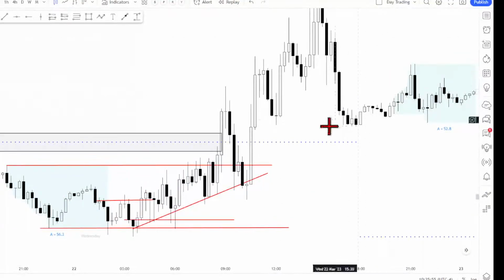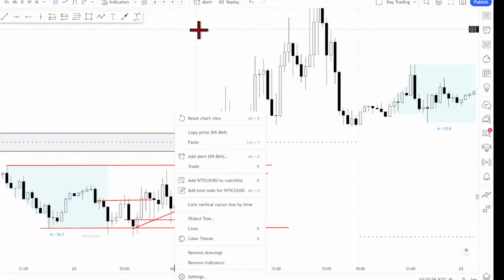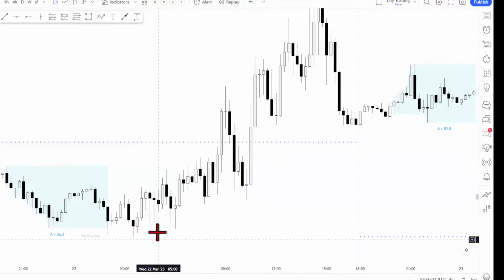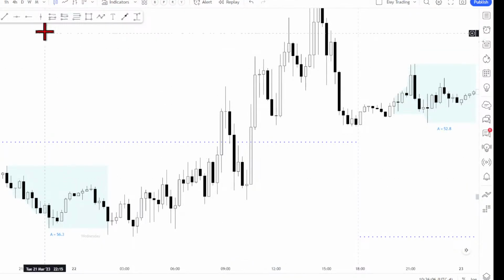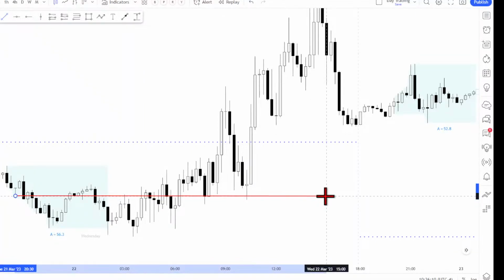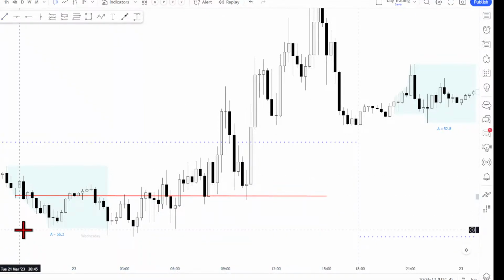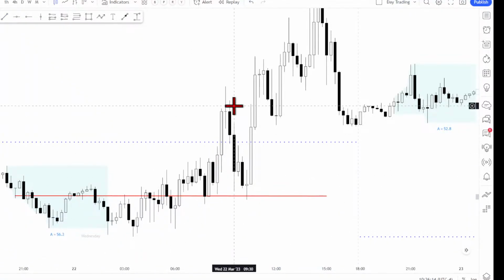And then, of course, it continues. But the idea of the Asian range, they pull out of the Asian range. This is day 3 trend. And then they come back down to the 50%. This is a very crude 50% right there, I'm just eyeballing it. But look, out of the Asian range, 1, 2, sideways, 3, engulfment.